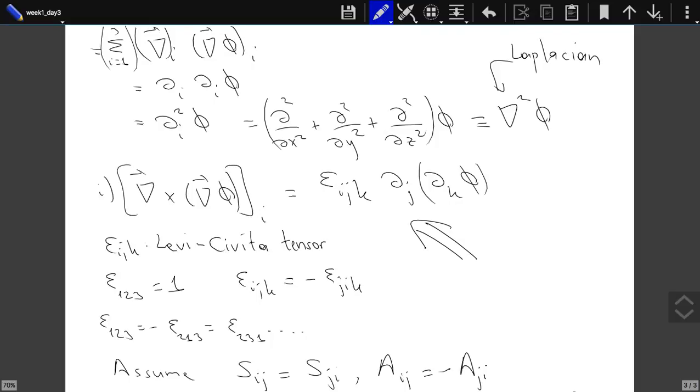So I have one object that is antisymmetric, the other object that is symmetric. I'm multiplying them and summing over these symmetric and antisymmetric indices. So it is 0. So the curl of a gradient is always 0, with the assumption that you can change the order of the derivatives. Well, for physical cases, we are always allowed to change the order of derivatives.